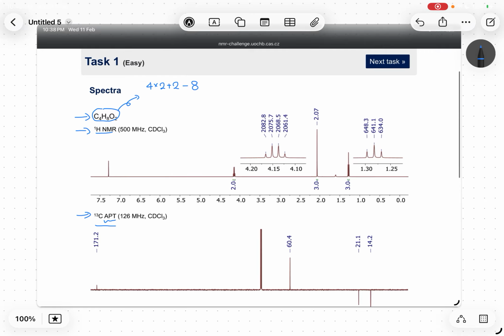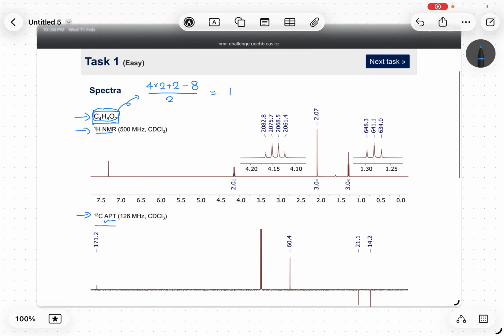If you have a formula that contains a halogen, then that also counts as a hydrogen equivalent. I mentioned these rules in my previous video, so you can check it out. And oxygen doesn't go inside this calculation. Then we divide by 2, because with each degree of unsaturation that you add, you remove 2 protons. So with this, we get 1.